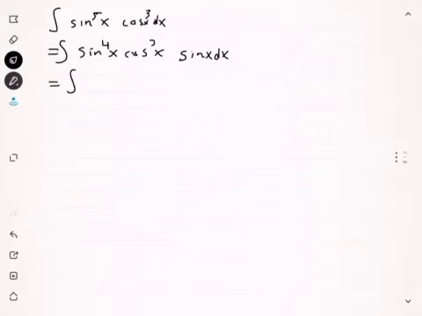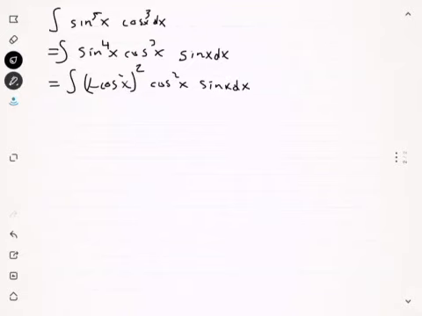By saving that sine, we can write the sine to the fourth power as 1 minus cosine squared x, squared, times cosine cubed x, and then sine of x dx.